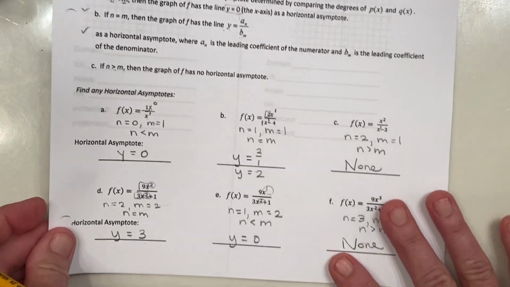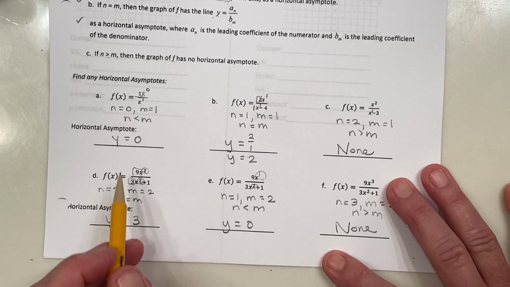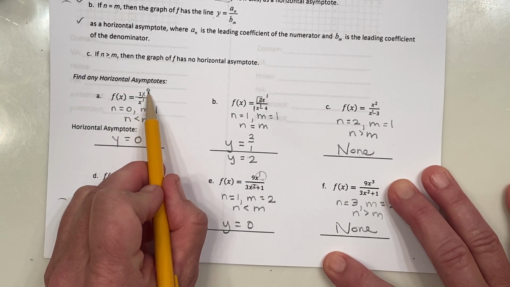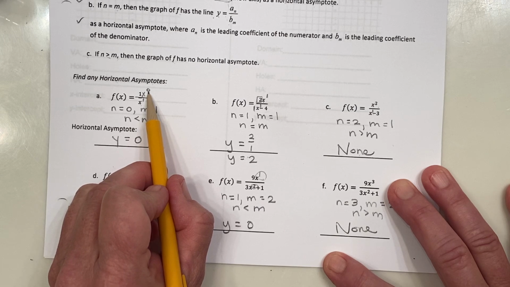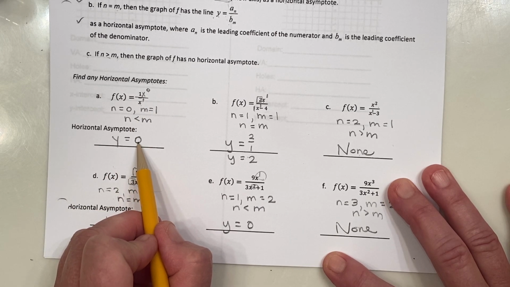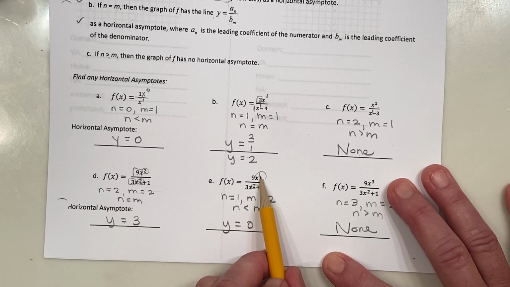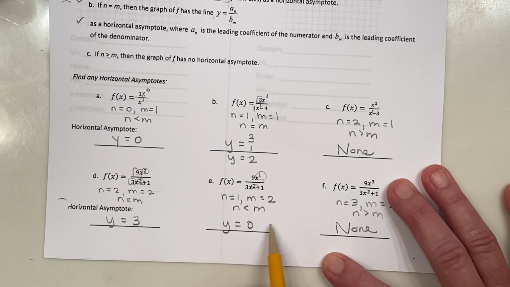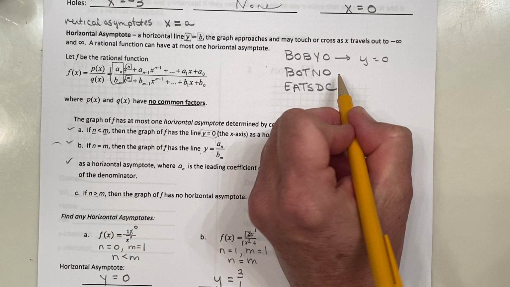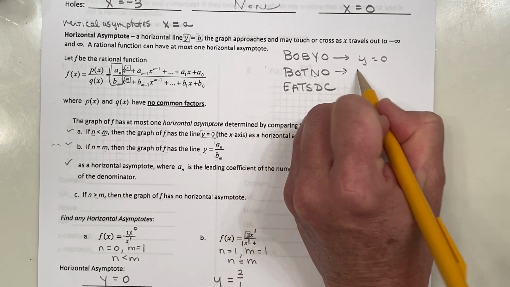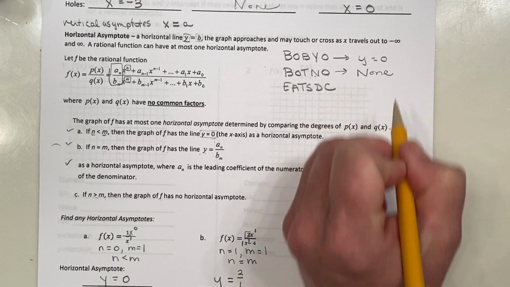So let's come down here and look at some of those examples. In example A, we had bigger on bottom, 1 is bigger than 0. So our horizontal asymptote is y equals 0. Example E, bigger on bottom, 2 is bigger than 1. So Bob-yo, y equals 0. All right, let's look at bot-no. Bigger on top, no. That means none, no horizontal asymptote.